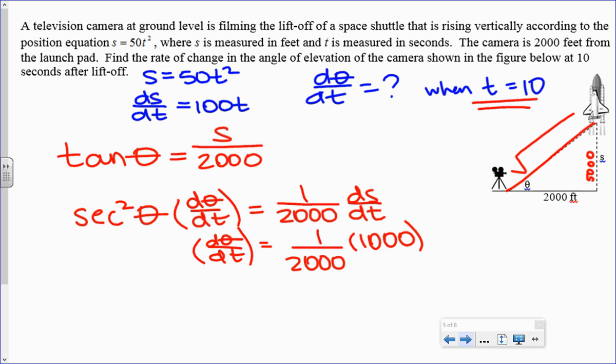And what is 5 squared? So this would be 290,000. Agree with that?